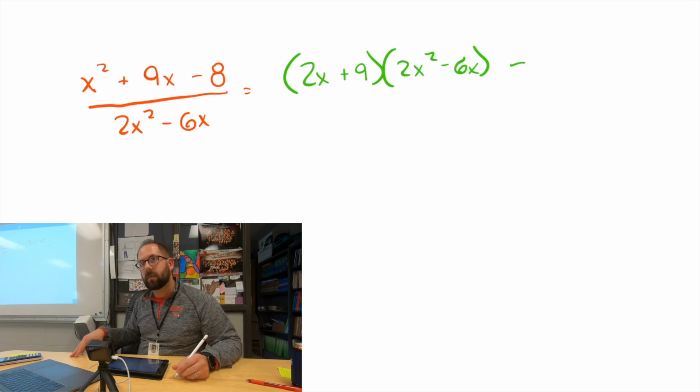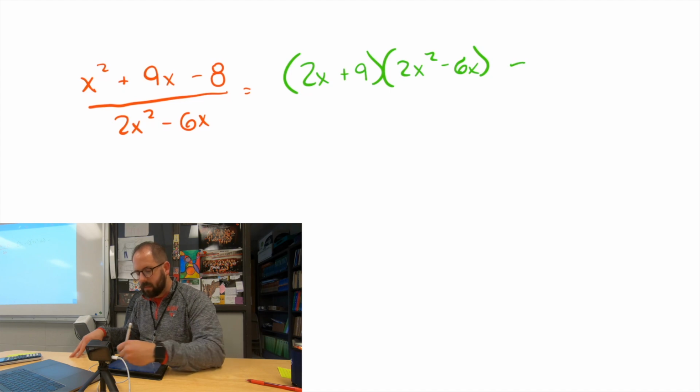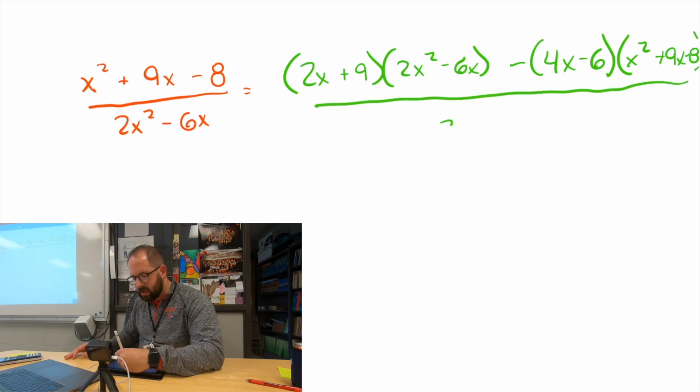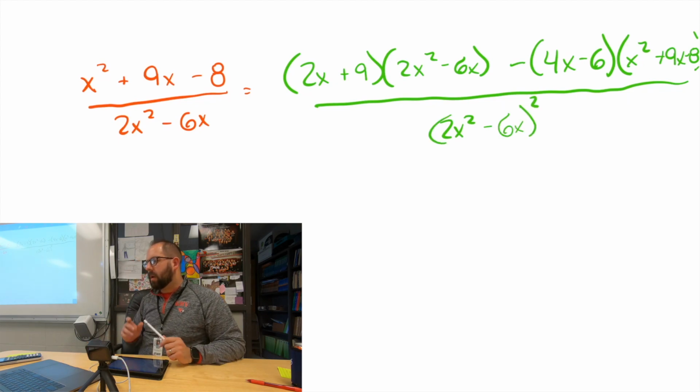What's that one going to be? 4x minus 6. Good. Times the top, all over the denominator squared. There you go. And that's example 2.